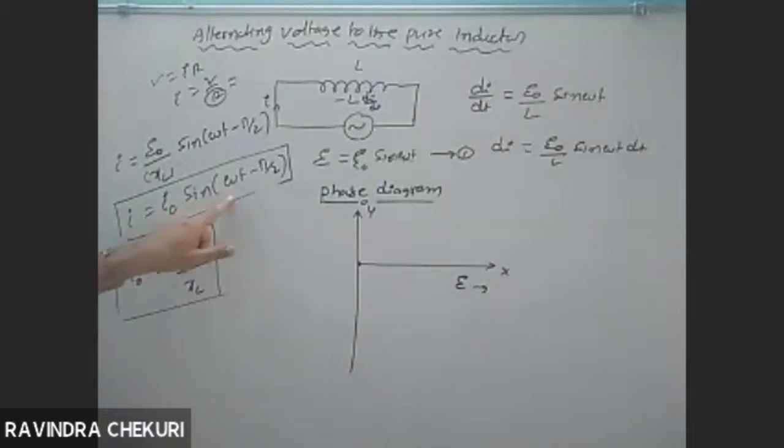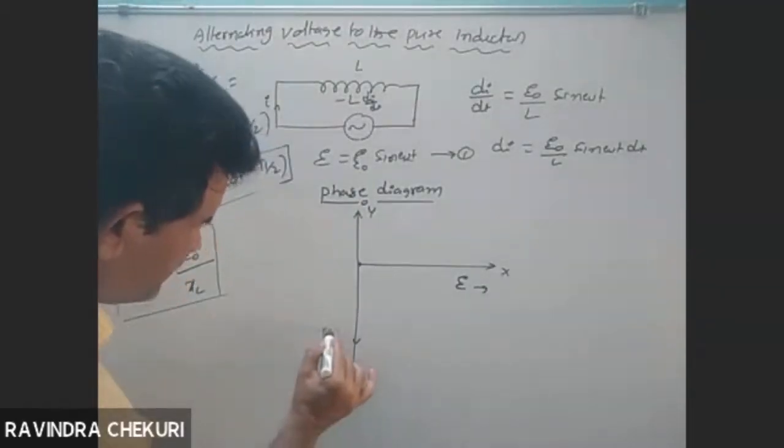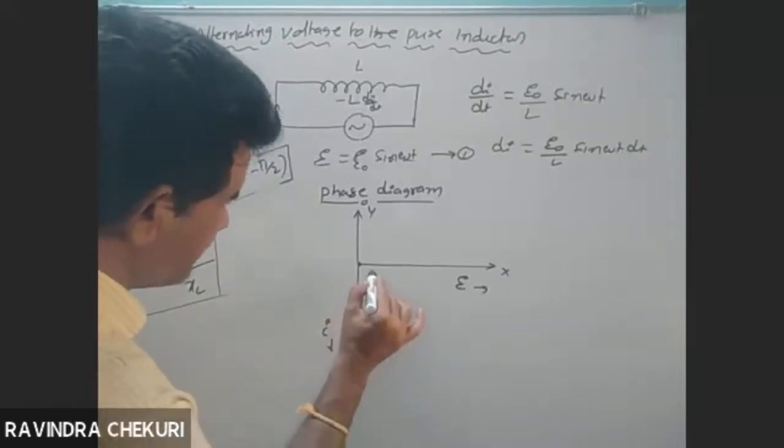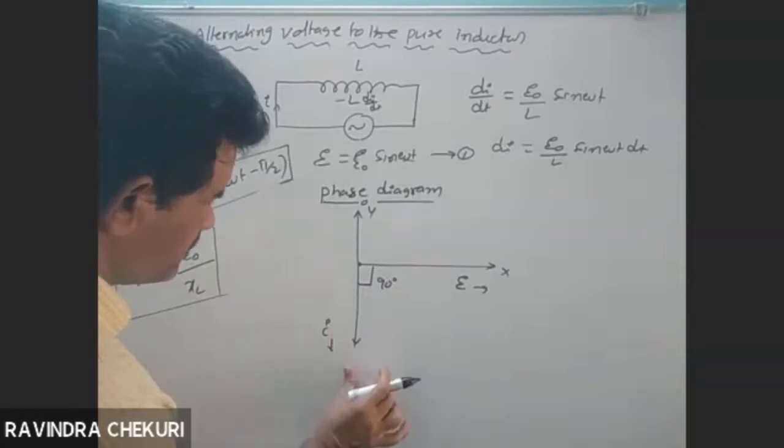The current is lagging, taken along the y-axis, lagging by 90 degrees.